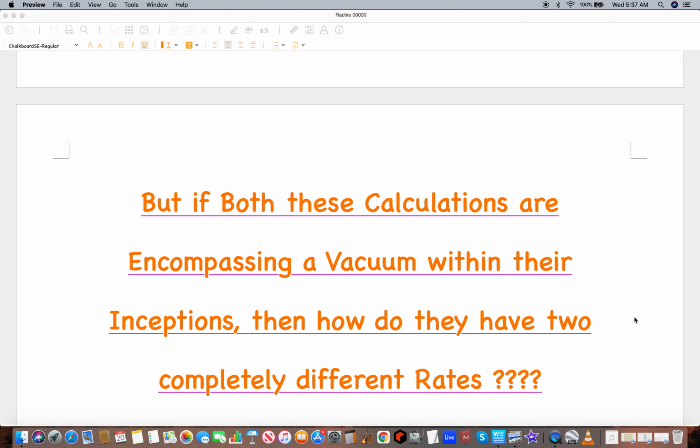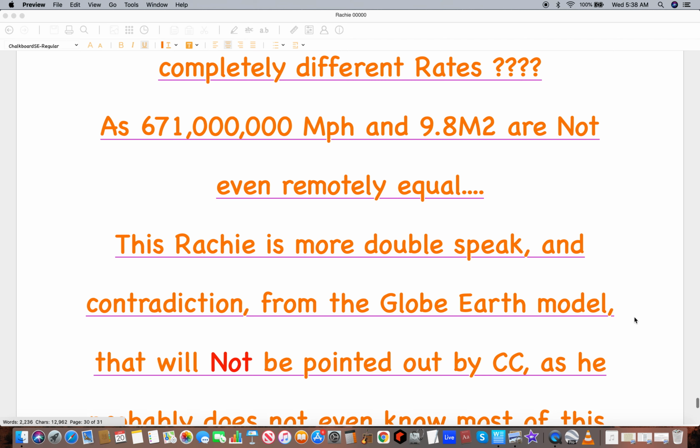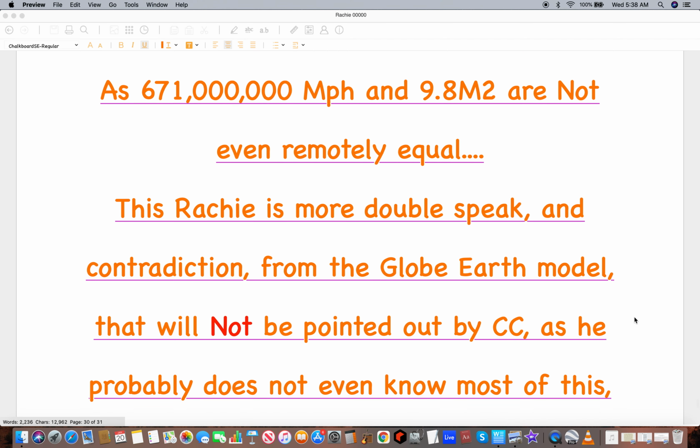And people like conspiracy cats will keep on trying to tell you and other people that gravity is a force of attraction between masses. It is not, and it hasn't been officially since 1915. So, 671 million miles per hour and 9.8 meters per second squared are not even remotely equal, right? They can't equal in rate. They're completely different rates.